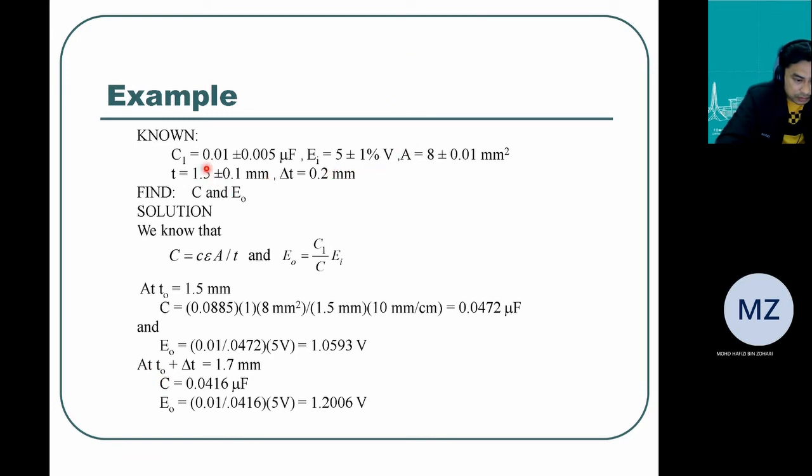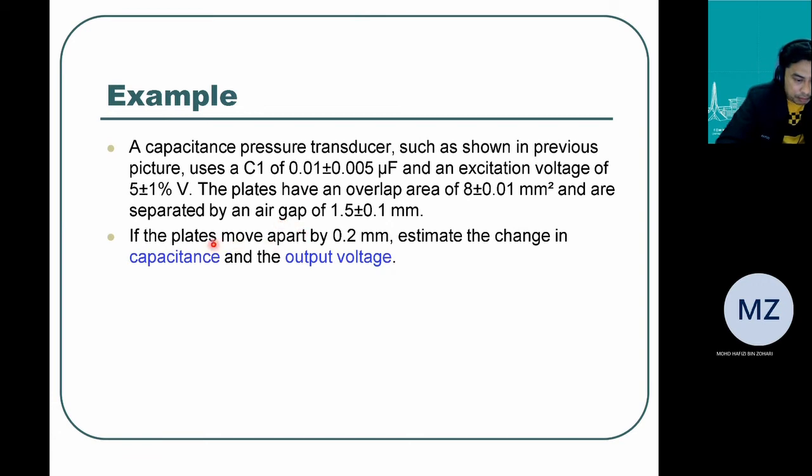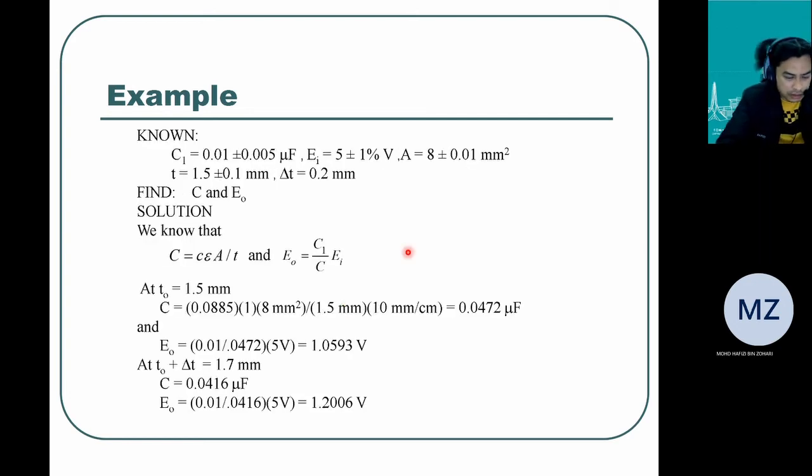If you look at the equation, the plate moves apart by 0.2 mm, so the gap increases by 0.2 mm. Either increase or decrease, it will be plus or minus 0.2. For this case, we calculate for the increase, so it becomes 1.7 mm. So if the gap is 1.7, just plug in the number and you can get the C value.